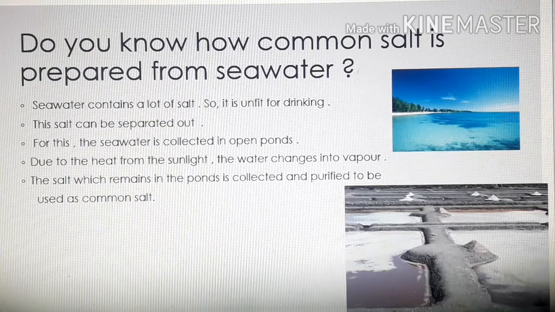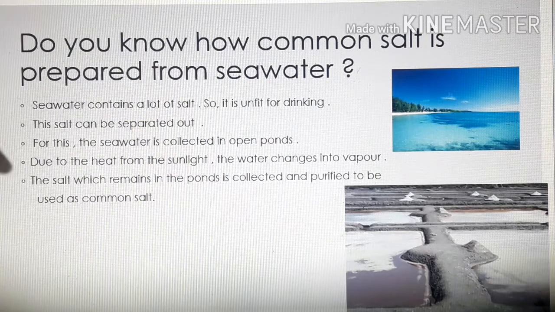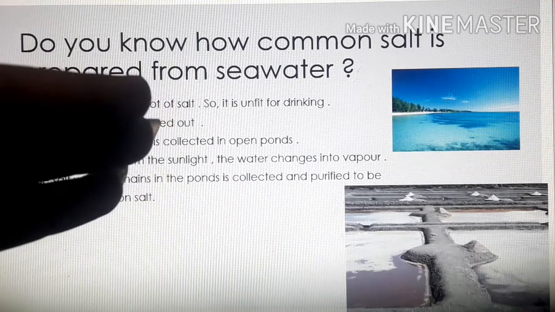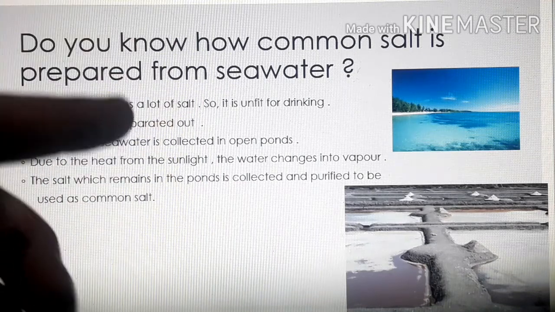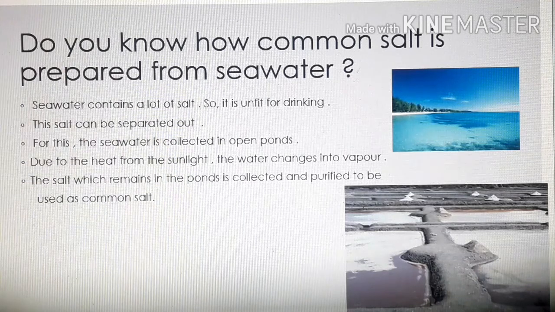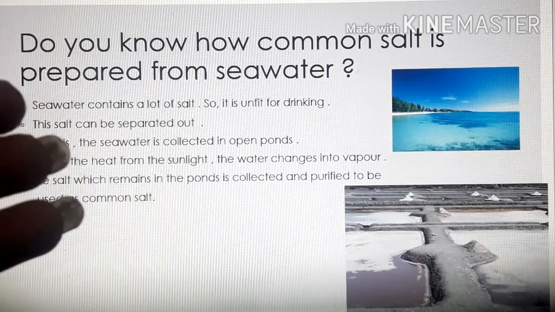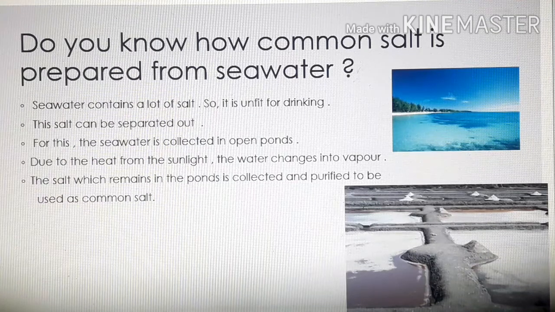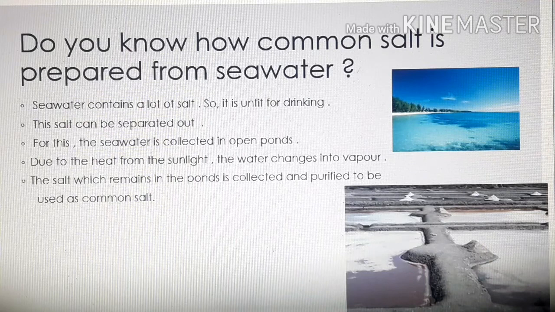Okay, children. So till now what we have studied: three forms of water, that is water in liquid form, then water vapor in gaseous form, and ice in solid form, isn't it? We studied the difference between these three, and we also know what is common between these three.